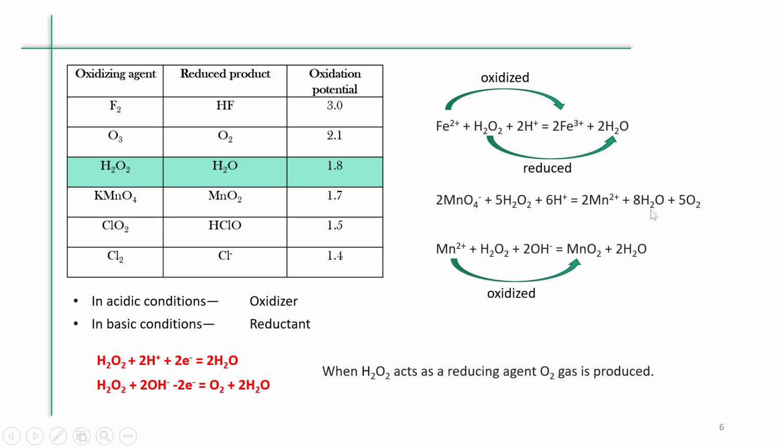Then from these two we can see the reverse case, where in the presence of a proton source Mn6+ is reduced to Mn2+, and in the presence of a basic source Mn2+ will get oxidized to Mn4+. So it can vary depending on the pH of the solution. The oxidizing or reducing property can vary, but the thing is, H2O2 can act as both oxidizer and reductant.